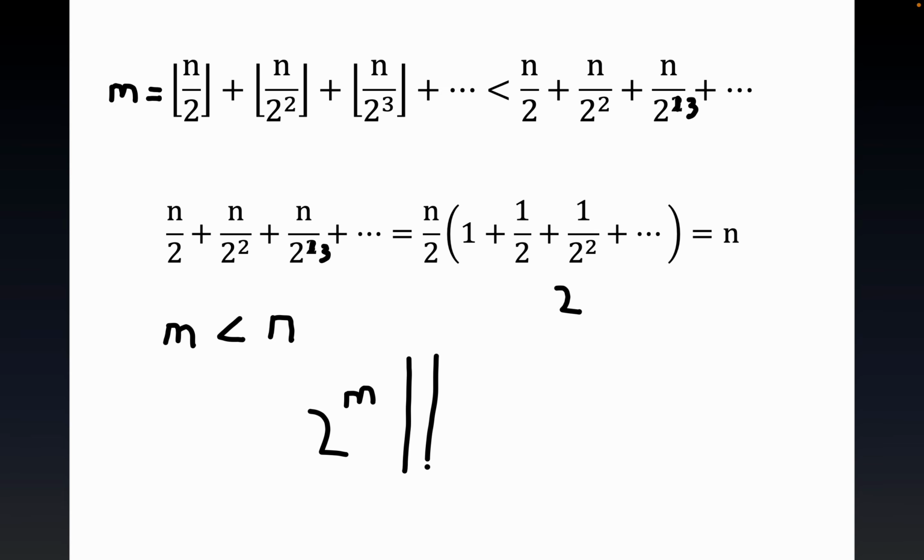So 2 to the M divides N factorial, but no higher power would divide N factorial. So this implies that 2 to the N does not divide N factorial, and I'll put the negated relation here.